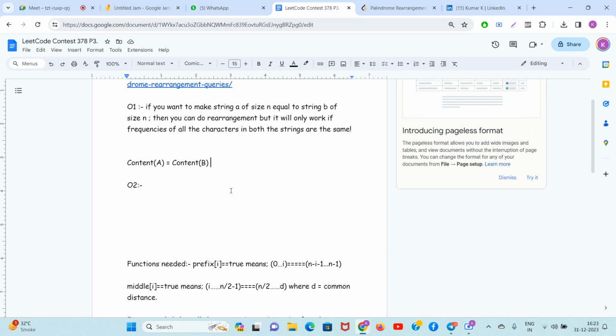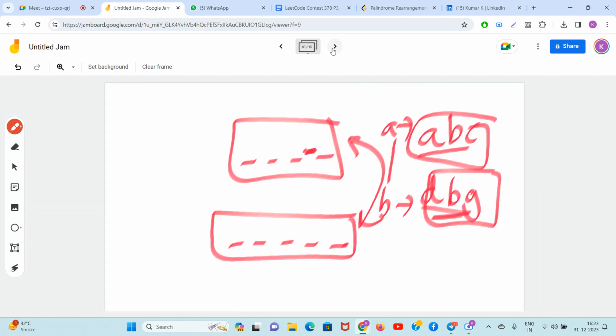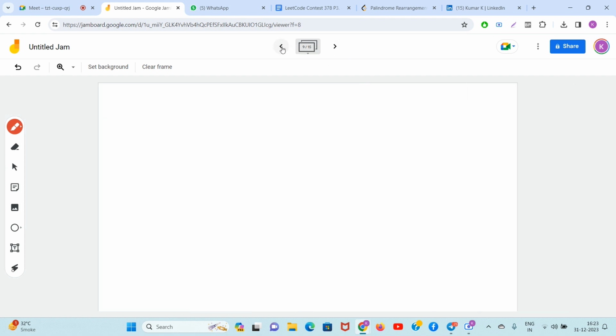Guys, we need some basic knowledge of other things also before solving this question. I will be creating a prefix of I function. Prefix of I true means the starting I part and the last I part of the string is palindrome.